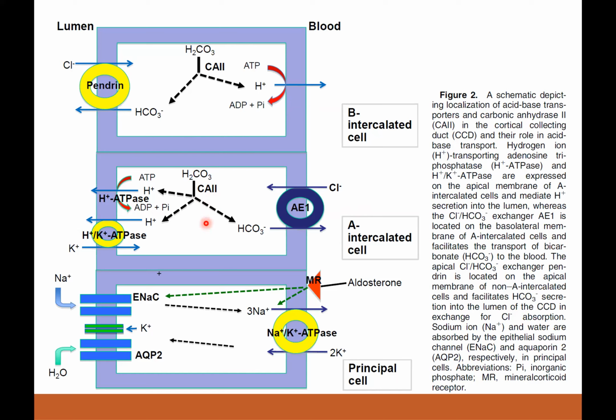Only difference is here, instead of the bicarbonate exchanged through the NBCE, there is what is called the anion exchange 1. So there is another sort of antiporter where bicarbonate moves in and then chloride moves out. Whereas that is a symporter, it takes sodium as well as the bicarbonate only in one direction towards the blood.